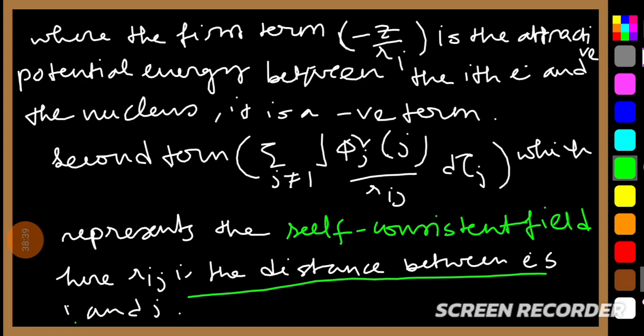So r suffix i j designates the distance between the ith and jth level. Okay, clear? Okay, next.